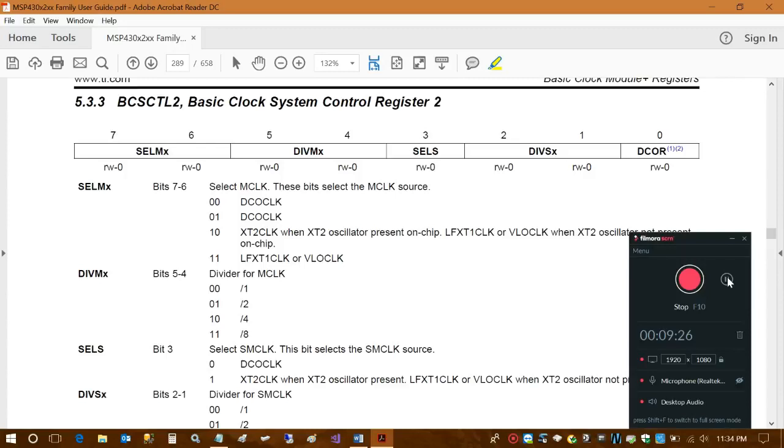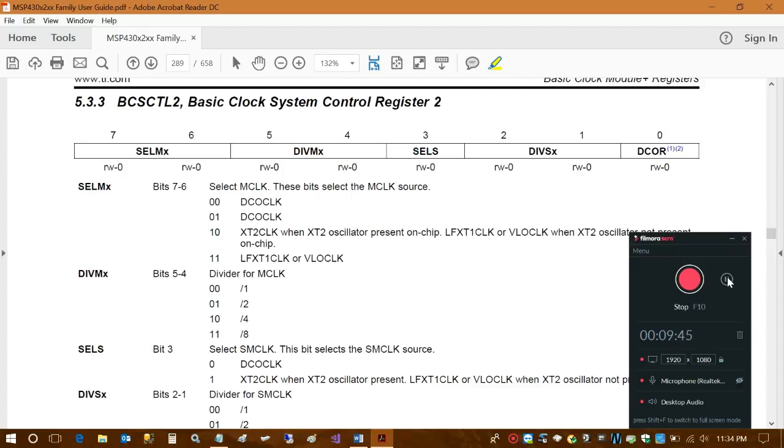Then it is BCSCTL2, that is basic clock system control register 2. Here basically what we are doing is selecting the clock source for the SMCLK, the submain clock.